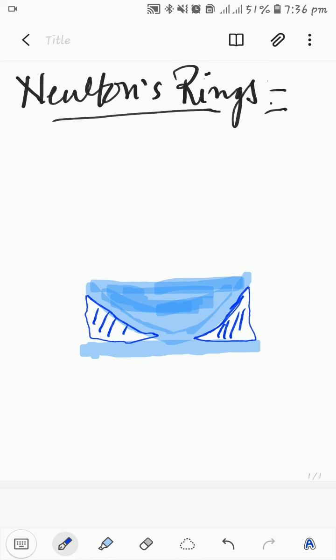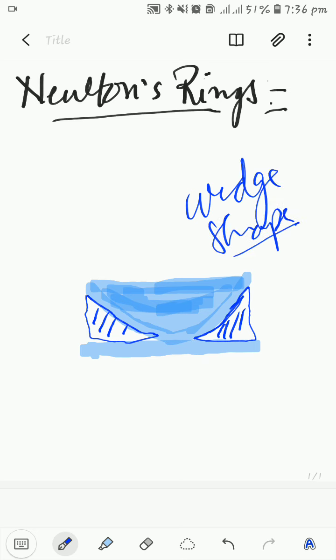Okay, so we have already considered the wedge shaped film in the previous video. What happens there is a wedge type air film is formed inside the wedge shaped glass plates.